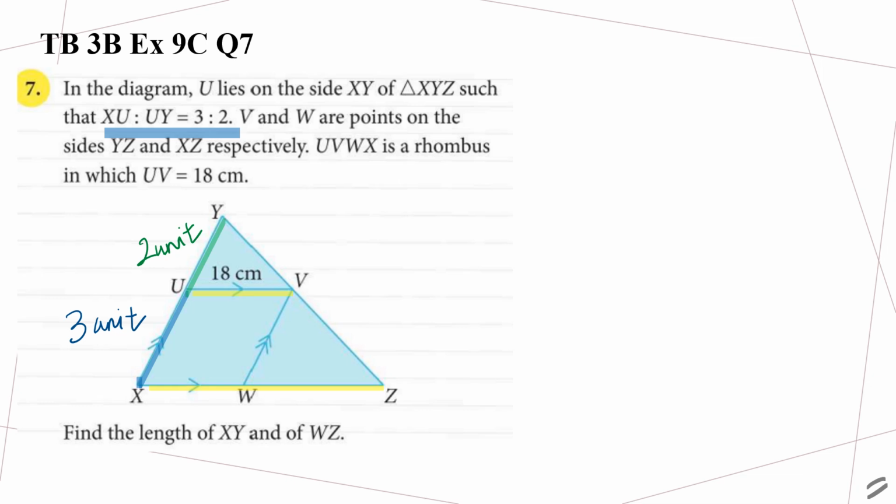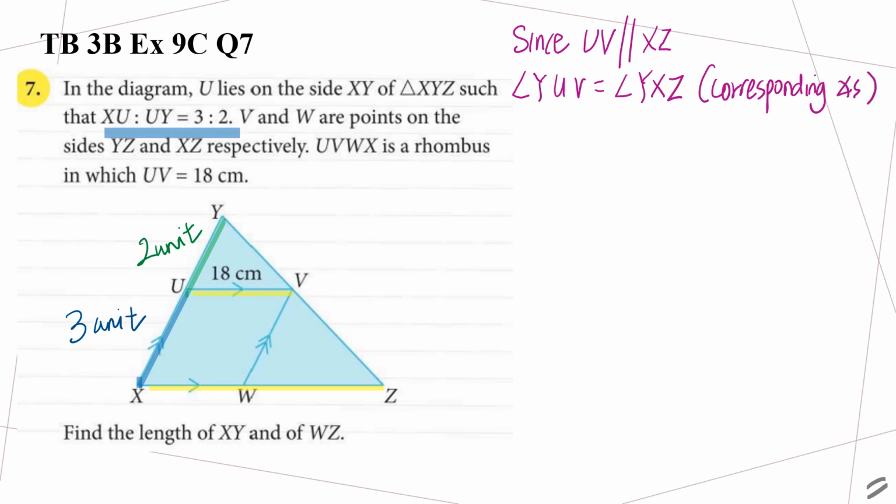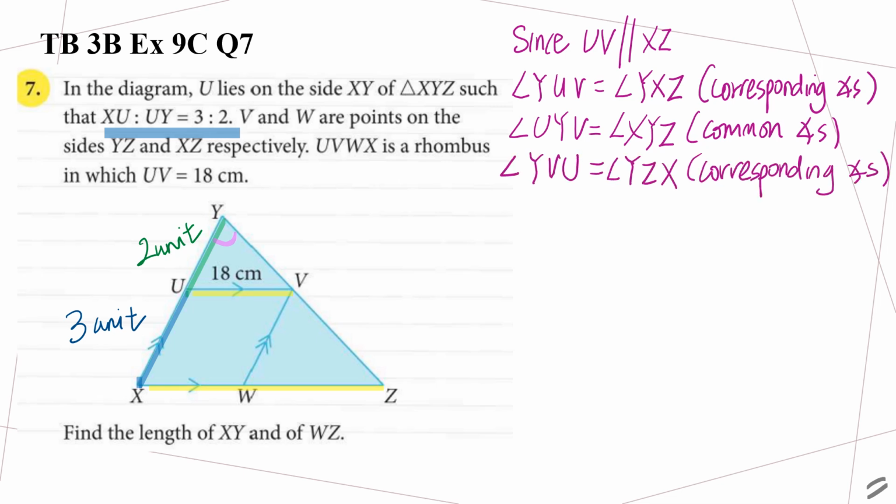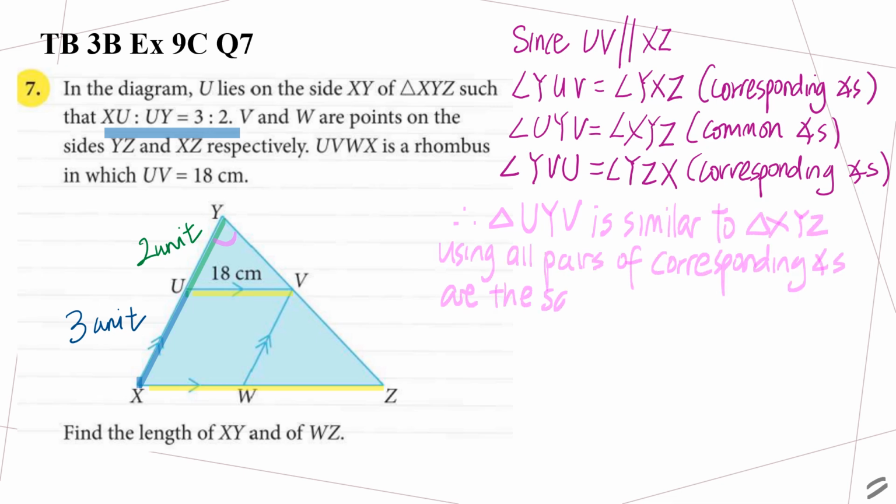By now, you should be able to recognize similar triangles already. So let's write out all the proper statements: corresponding angle, common angle, and we can use corresponding angle again. Otherwise, you can use the angle sum in the triangle. So we conclude that the two triangles are similar. Once they're similar, you can use the ratio of your corresponding sides.